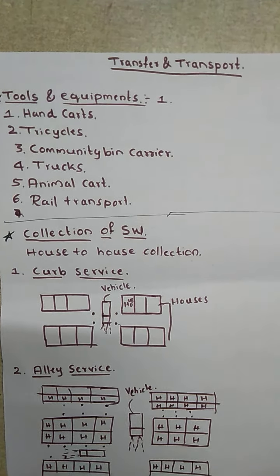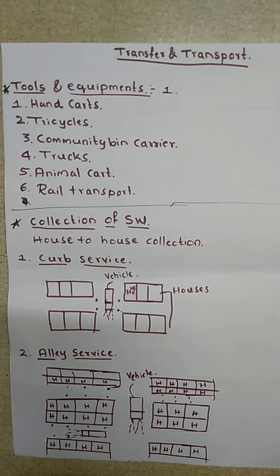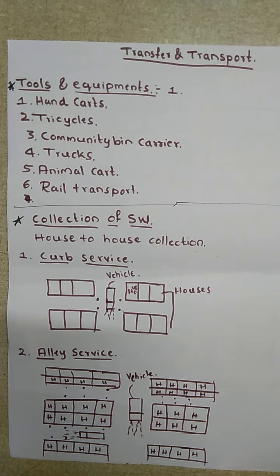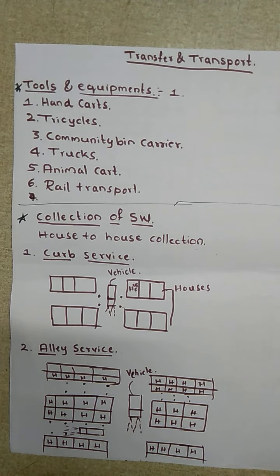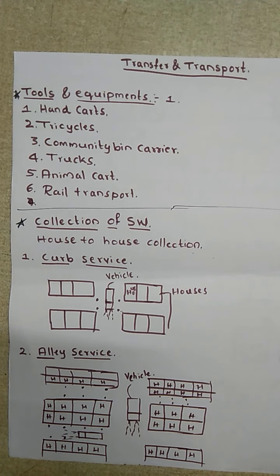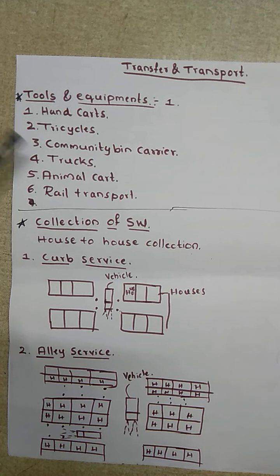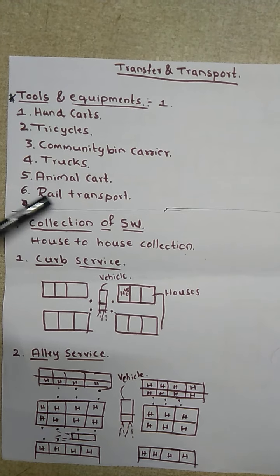Transfer is nothing but whenever we collect the solid waste, the collection crew will come to our house and collect the waste into smaller vehicles. For that we use different kinds of equipment such as hand cart, tricycle, trucks. Trucks will be larger than your normal animal cart.